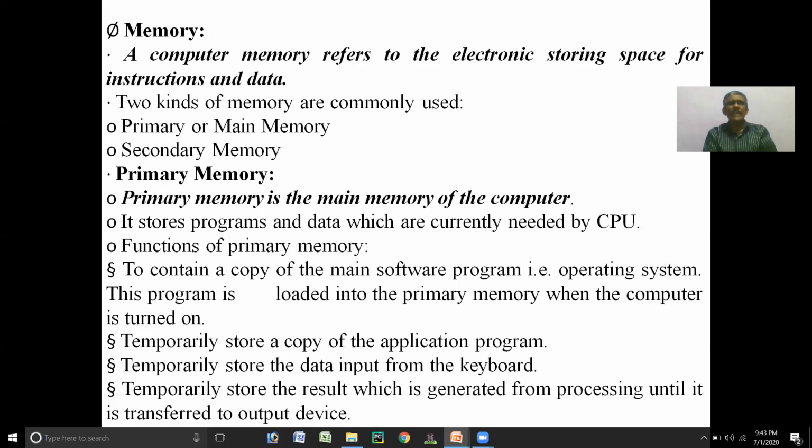Then after the calculation, it has generated the result as 4. But before displaying it on the monitor, it stores it in primary memory. Then it displays on the monitor. It means the output generated after the calculation will be temporarily stored in primary memory first, then displayed on the monitor.